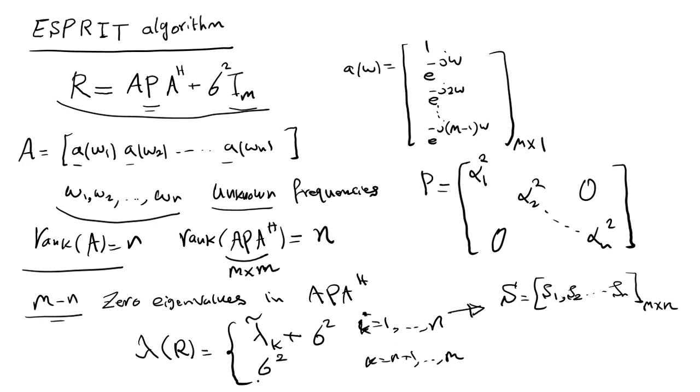And for the noise subspace, the eigenvectors are in G: G1, G2 until G(M minus n).